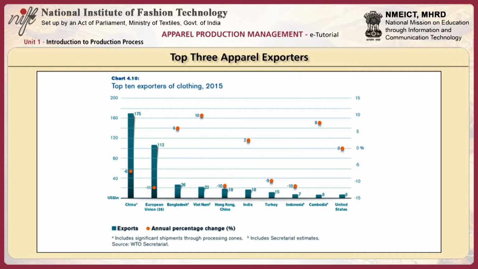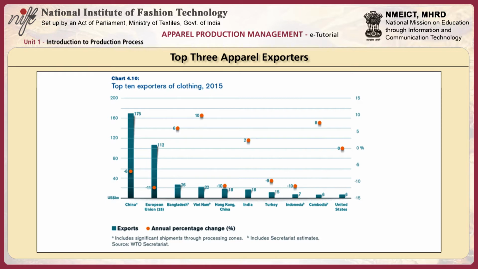They have exported close to $175 billion. The second exporter is the European Union combined of 28 countries. The second highest in terms from Asia is Bangladesh, where the export stands at $26 billion.